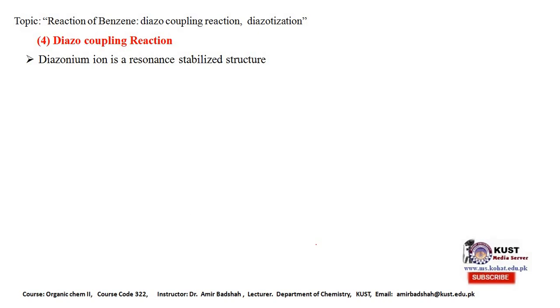How does it occur? We know that the diazonium ion is a resonance stabilized species. This is a diazonium ion. In this diazonium ion, electrons are shifted here by shifting of this electron to this nitrogen. Then the positive charge appears on this nitrogen.